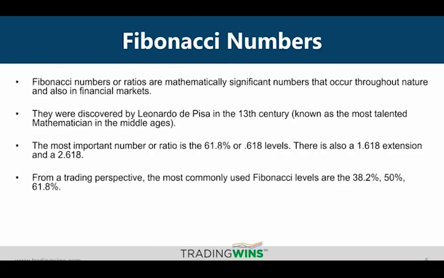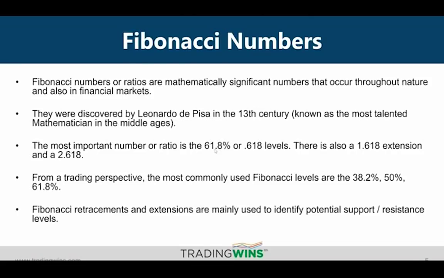I'm going to explain these as we go through it. I prefer to use the 38.2, the 50, and the 61.8, and actually I like to use that as a zone rather than individual levels. Again, I'll demonstrate all of this on the chart. But the main reason for using Fibonacci numbers is to help you identify significant areas of support or resistance. And more importantly, to help you identify where future levels of support and resistance will be, especially if you're trading with an instrument that, for example, is at an all-time high.